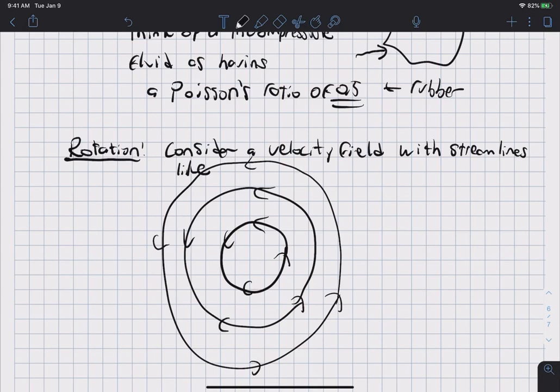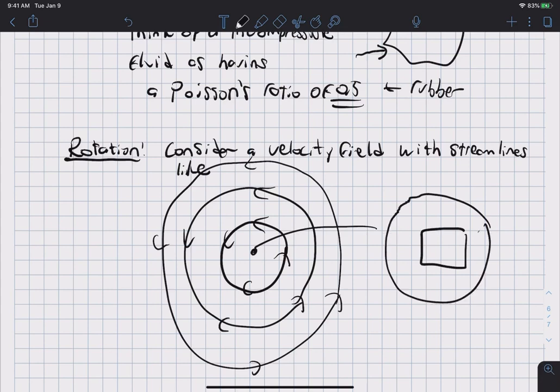Okay, and so if we consider a fluid element at the very center, and the circular streamlines.